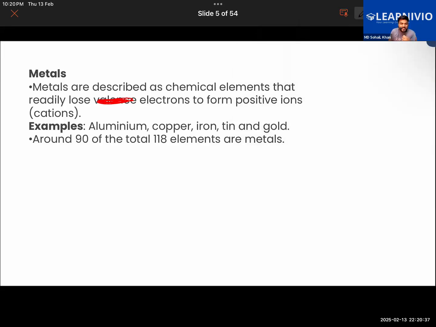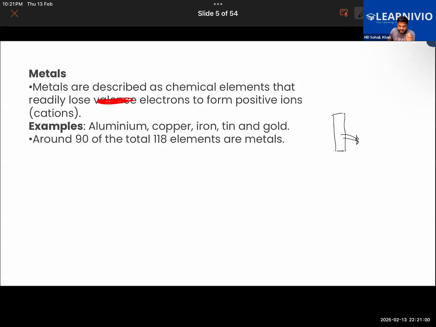Like if you recall the chemical effect of electric current, there we had learned about electrolysis and electroplating and all that, right? Remember, while the reaction was being carried out, always the metals would be losing the electrons, becoming positive ions.